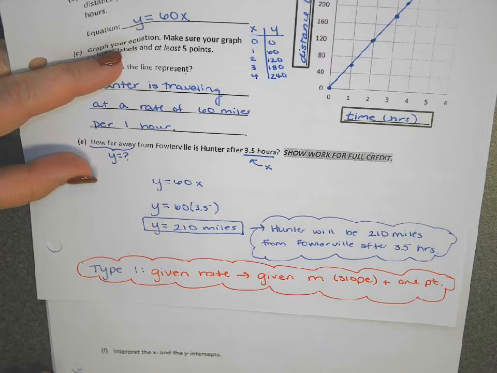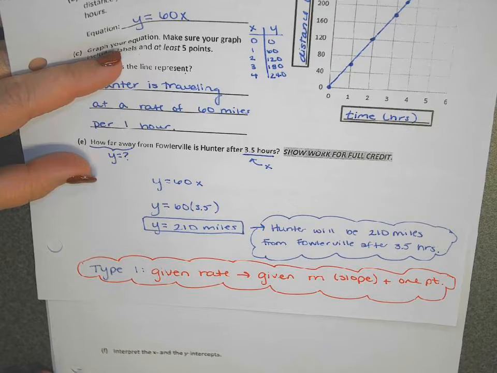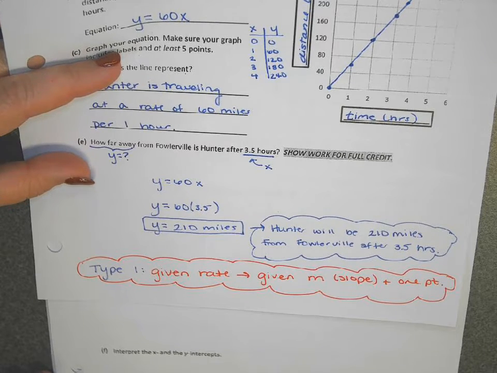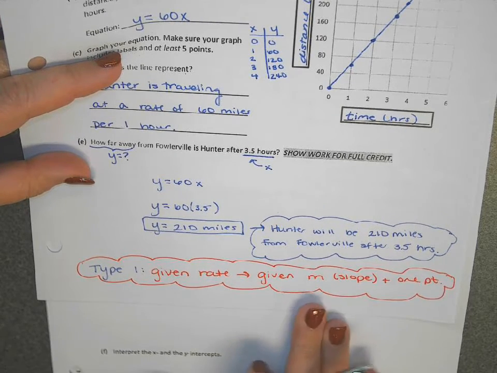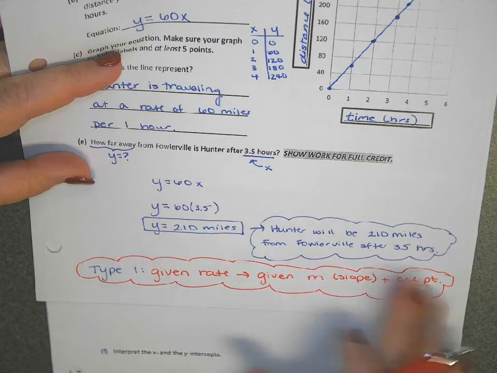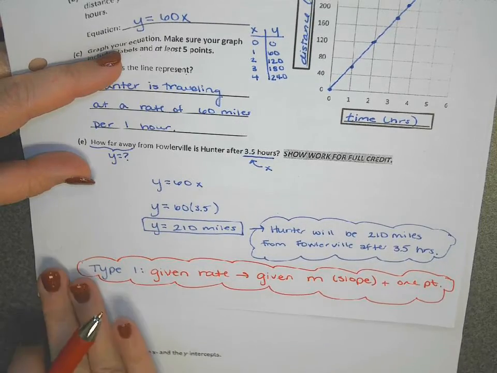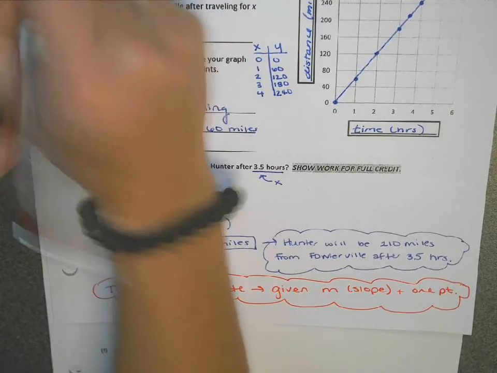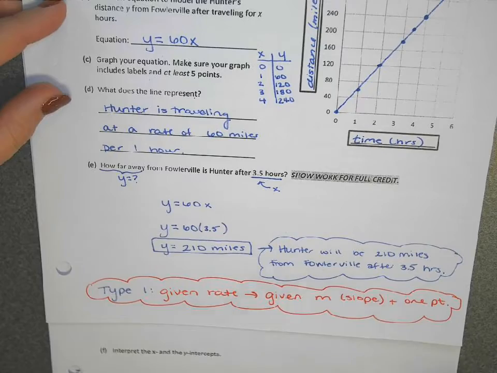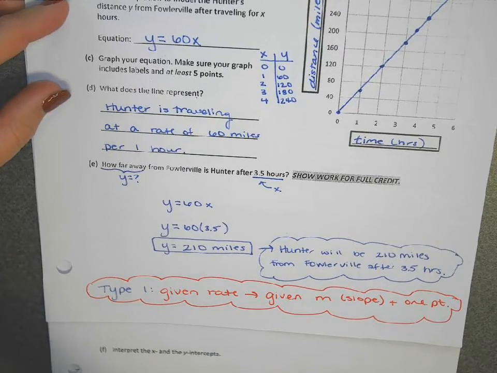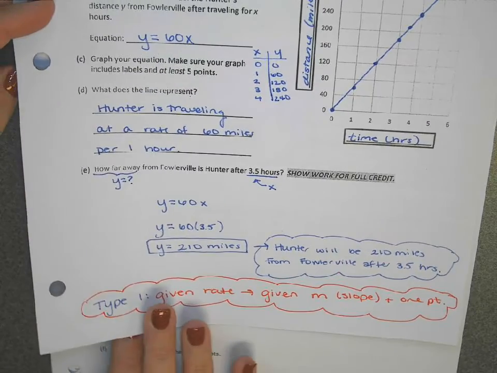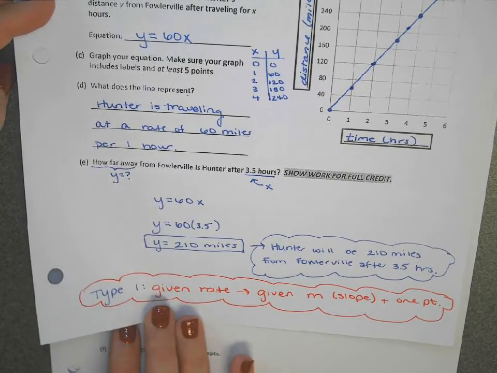So when you're looking at a problem on your assignment, you have to ask yourself, am I given the slope? If I am, I'm going to follow type 1 type of example. The example 1 is problem type 1. Okay? Can I go ahead and flip this? You have that down? Okay.